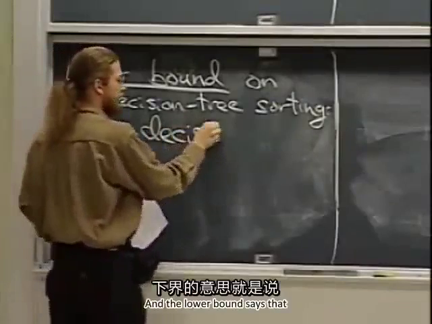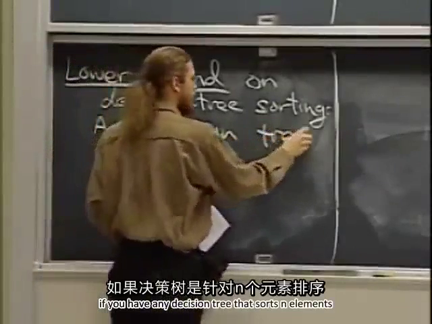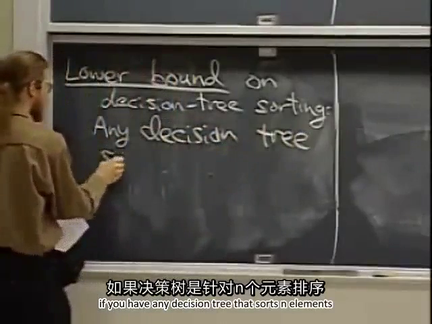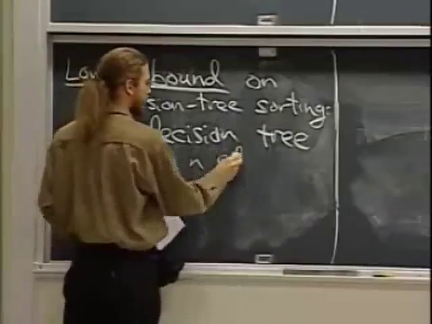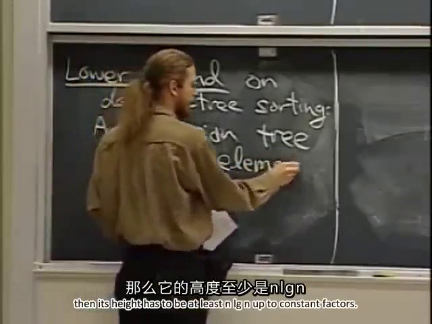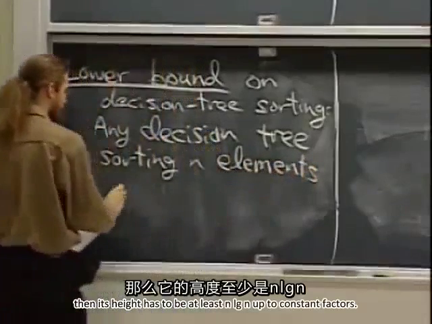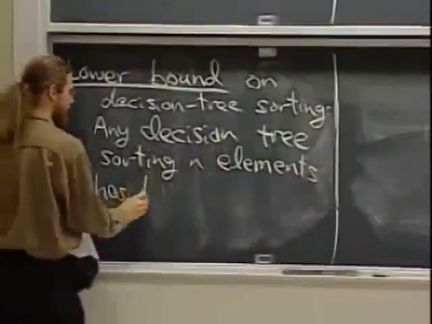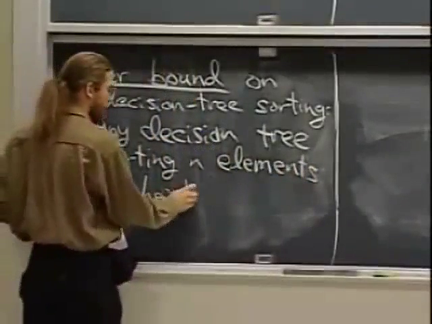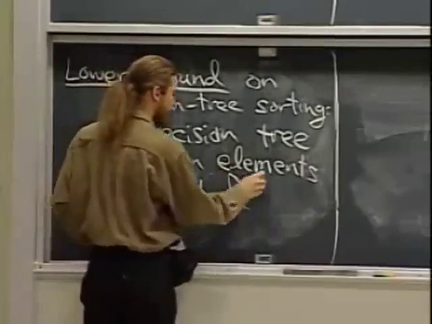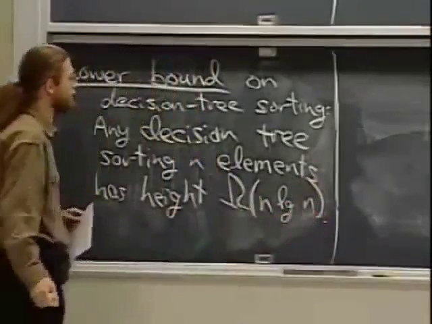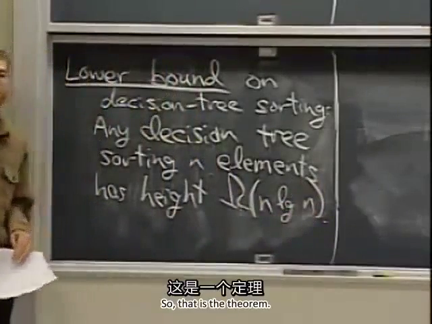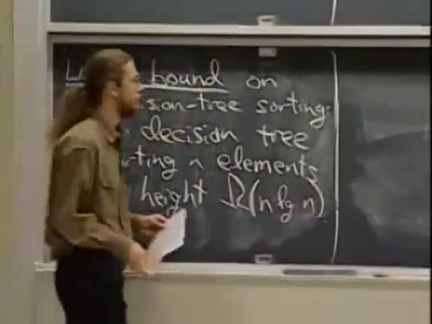And the lower bound says that if you have any decision tree that sorts n elements, then its height has to be at least n log n up to constant factors. So that's the theorem. Now we're going to prove the theorem.